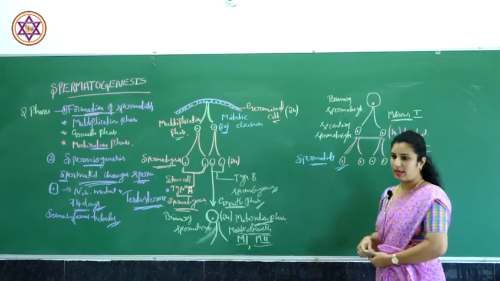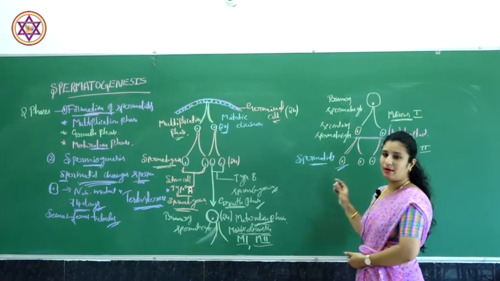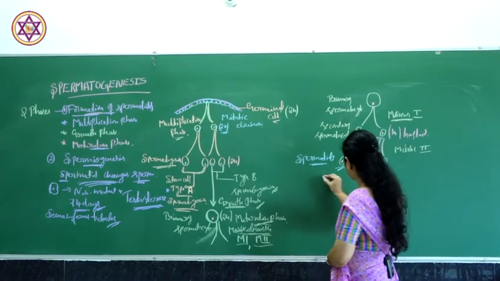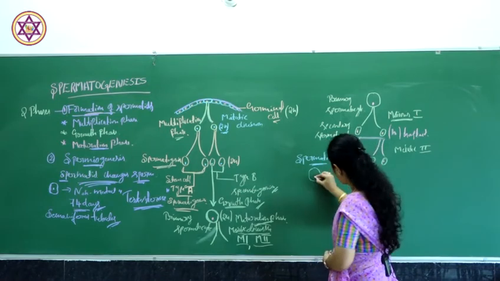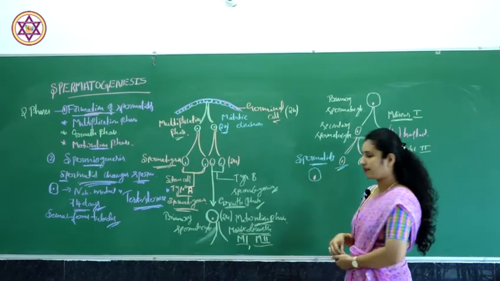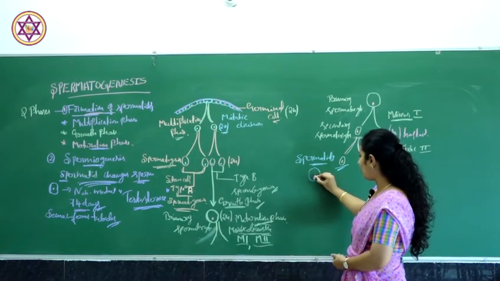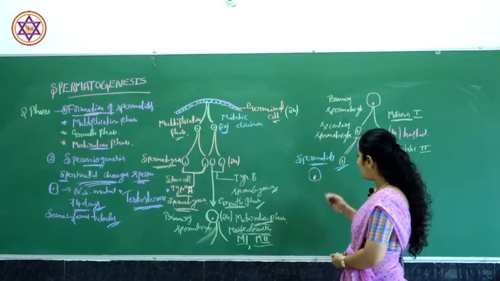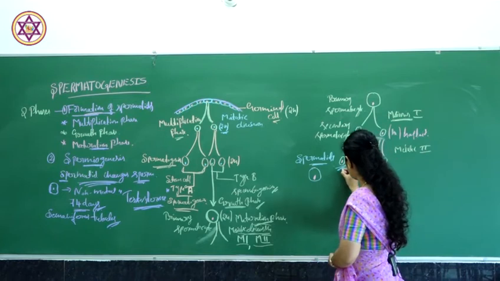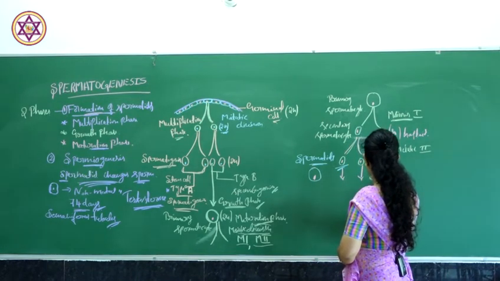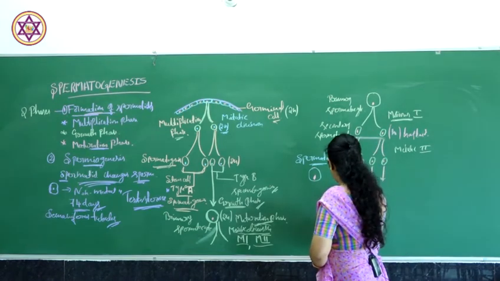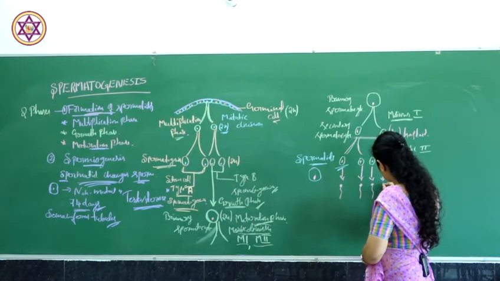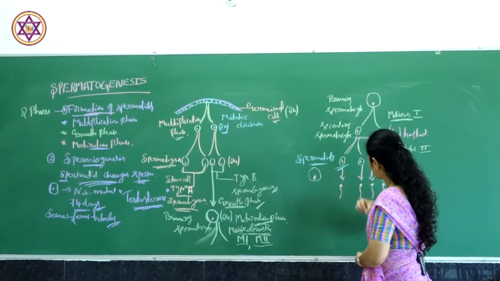These spermatids are non-motile and circular in nature. These circular, non-motile spermatids are transformed into motile sperms.